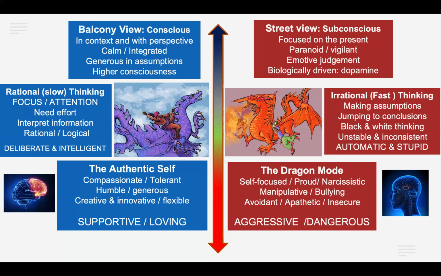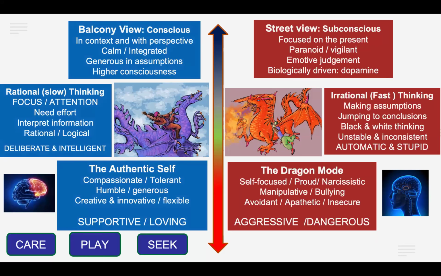So all the best stuff you do, when you're having that amazing day at work and you're having amazing consultations, when you're having an extraordinary discussion with your partner, when you are happy, you are within this authentic self part of yourself. And this is where we're able to be supportive and loving. So particular emotions become possible depending on which mode you're in. We're going to look at those emotions quickly.